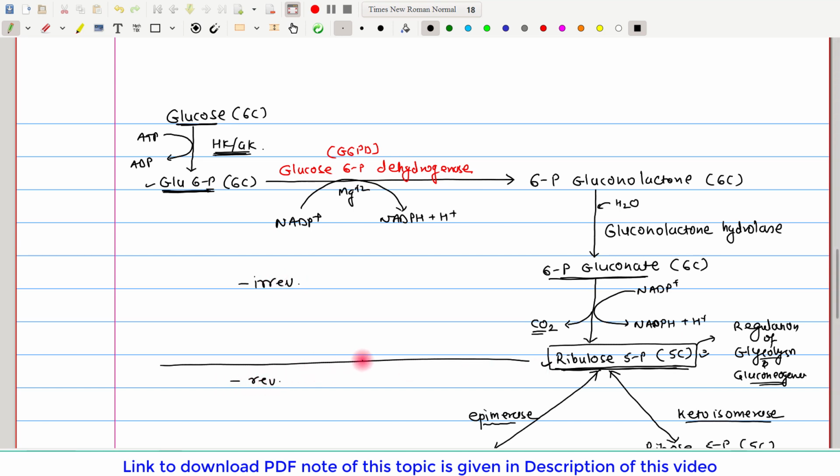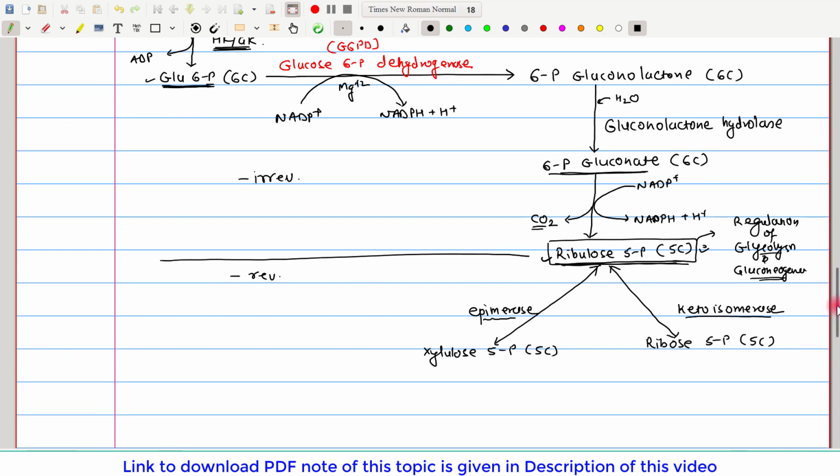whereas after ribulose 5-phosphate, all the reactions are reversible. Now you might be wondering how one molecule of ribulose 5-phosphate can give rise to xylulose 5-phosphate and ribose 5-phosphate. Remember this very carefully: a single molecule of ribulose 5-phosphate can be converted to xylulose 5-phosphate or ribose 5-phosphate, not both.